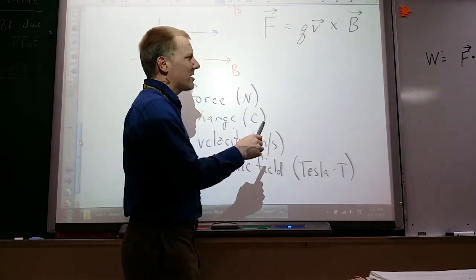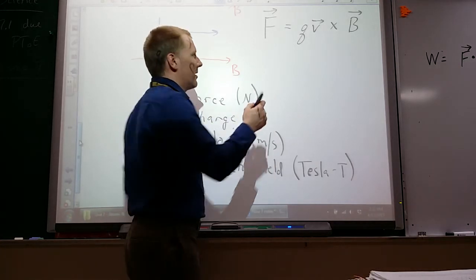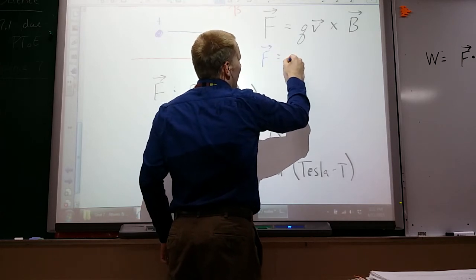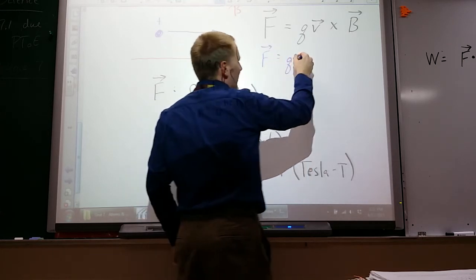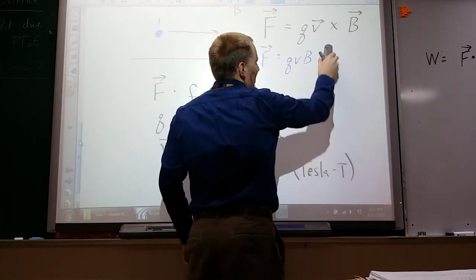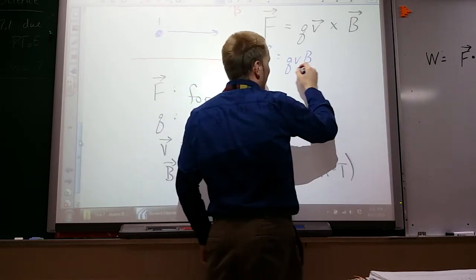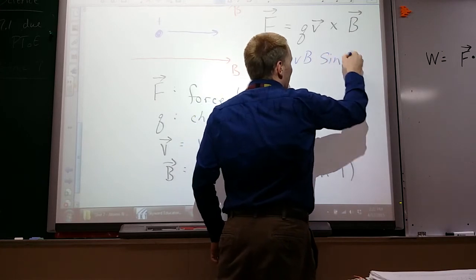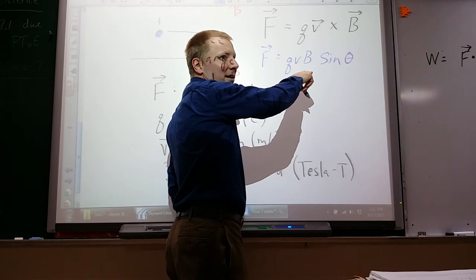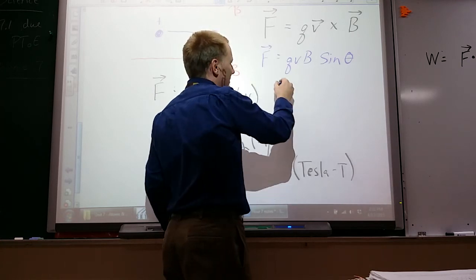This cross product, or vector product, works a little bit differently. We kind of ignore the vector qualities, and we multiply by the sine, not cosine, of the angle in between the velocity and the magnetic field.